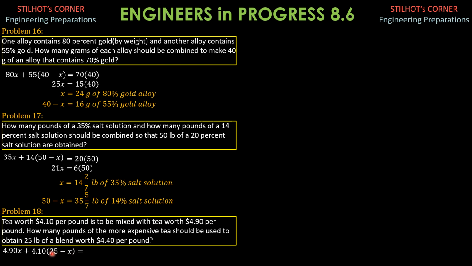That should be the amount in pounds for the cheaper tea. Then equated to 4.4, because this is the resulting blend, 4.4 times 25 pounds.